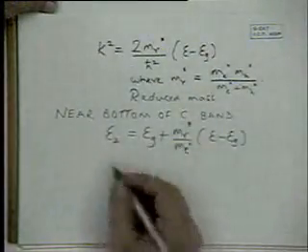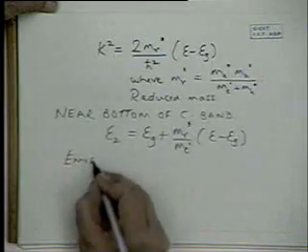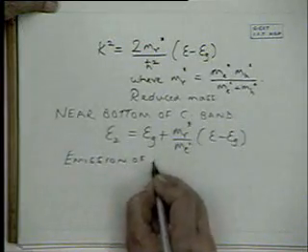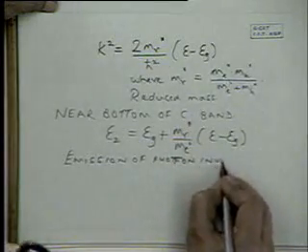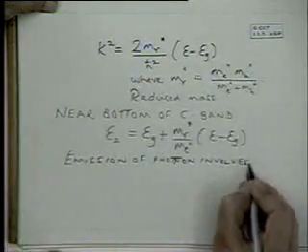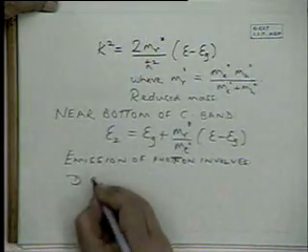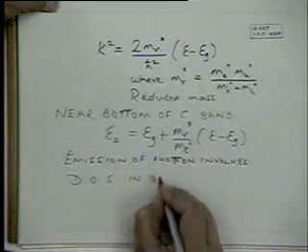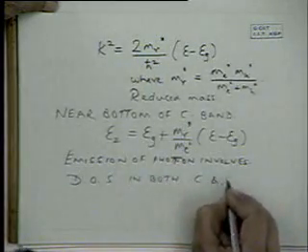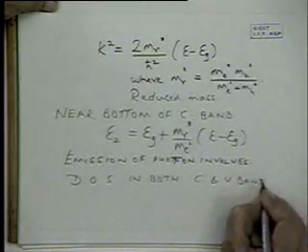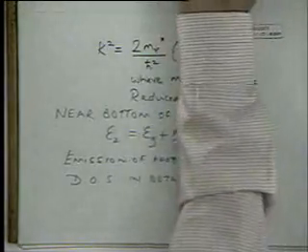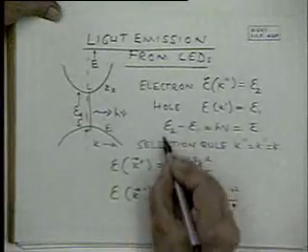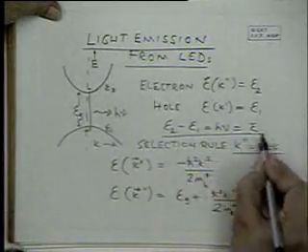Now, emission of a photon involves the density of states in both C and V bands, and we've already seen that this gives the conservation of energy and this gives the conservation of momentum, so these are involved.